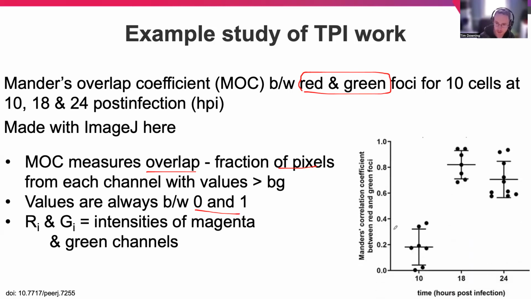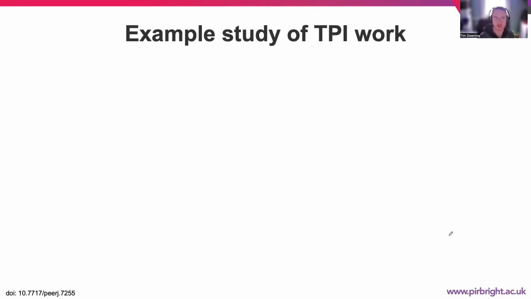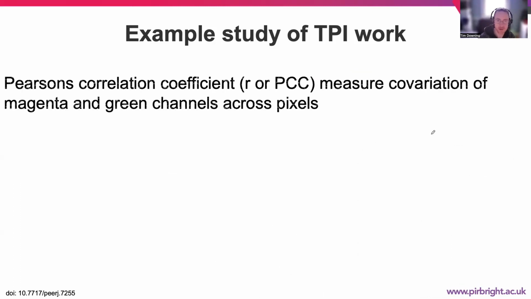And they're able to see that the correlation seems to increase over time on average. The other one we'll look at, which is similar, is Pearson's correlation coefficient, PCC, which is just the correlation coefficient value. As you know, it measures the covariation of the magenta and green channels over pixels. So that's what we'll look at later in this course.